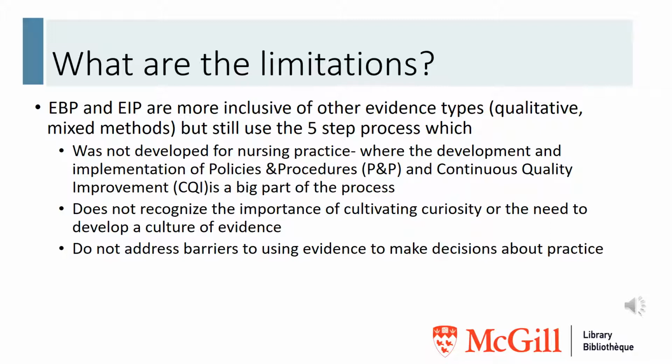But they still use the 5-step process, which was not developed for nursing practice, where the development and implementation of policies and procedures and continuous quality improvement is a big part of the process. It does not recognize the importance of cultivating curiosity or the need to develop a culture of evidence. And the barriers to using evidence to make decisions about practice are not really addressed either.